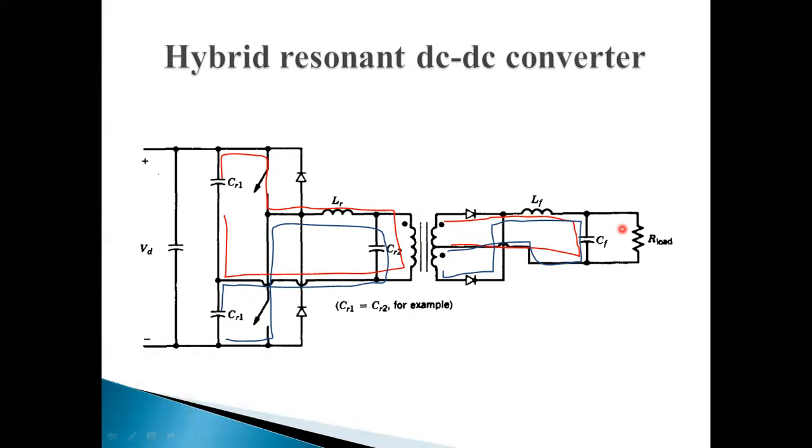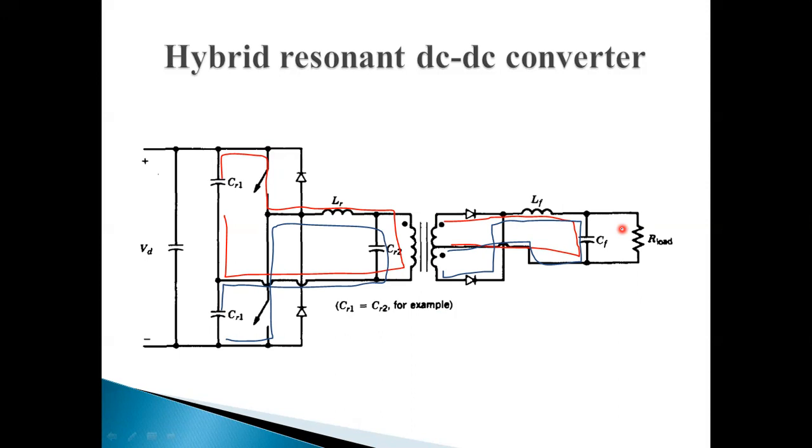Why do we require a hybrid resonant DC to DC converter if we have the parallel and series resonant converters? Because the series resonant converter has some advantages, like the filtering element or other advantages, and the parallel resonant converter has the short circuit capability.